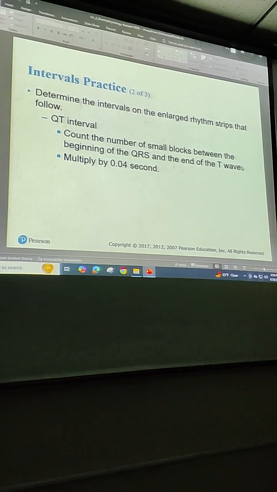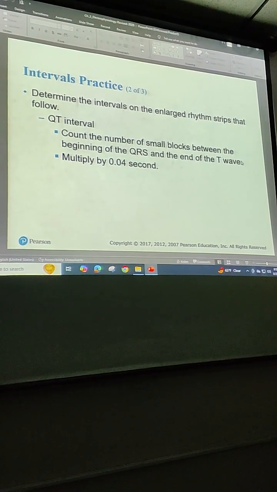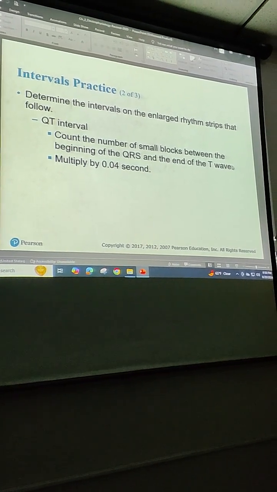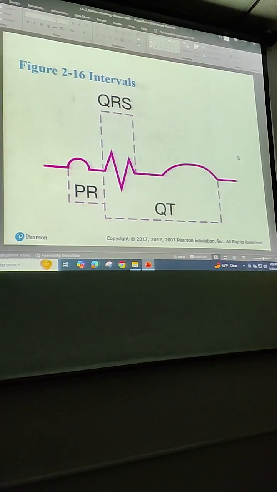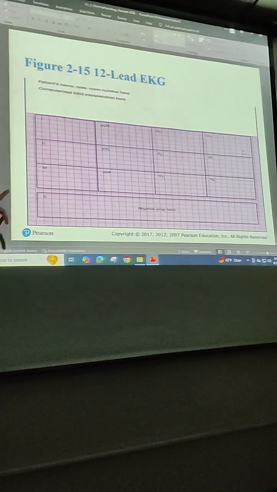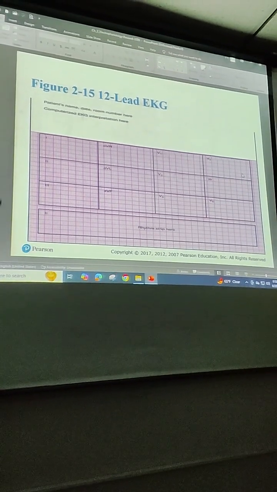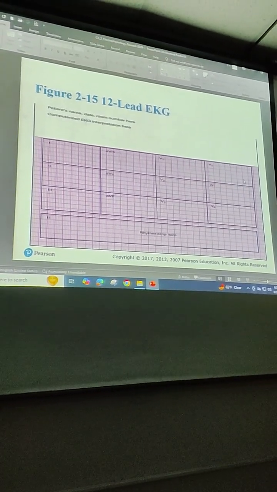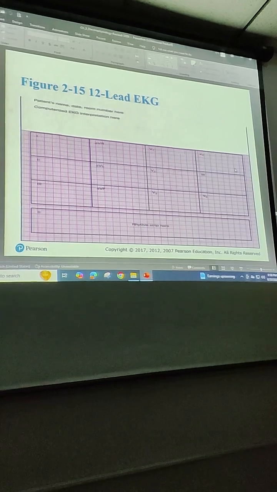Now it says right here, determining the intervals: count the number of small blocks. That's what we do, because we have all these little blocks. That's how we measure everything. Anytime we measure, we count these little blocks, each 0.04. For the QRS, we check if it meets the requirements.